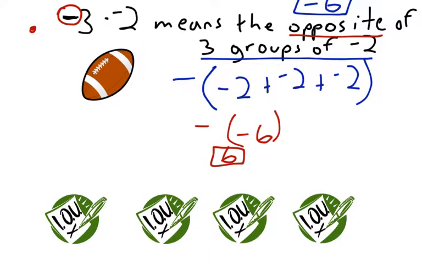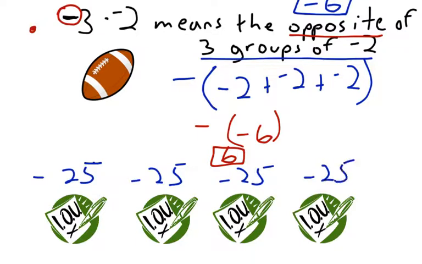Now savings bonds can get a little more complicated, but each of these represents $25. But they don't have the money because they're getting it from you, so that's going to be a negative $25, negative $25, negative 25, and negative 25.